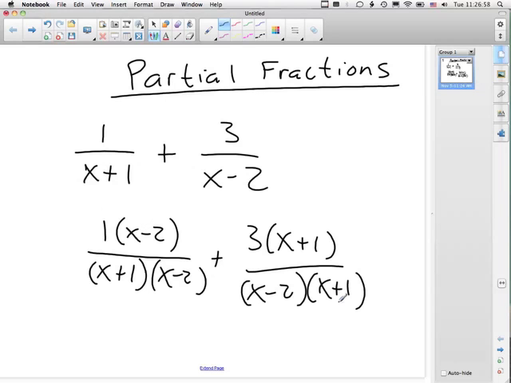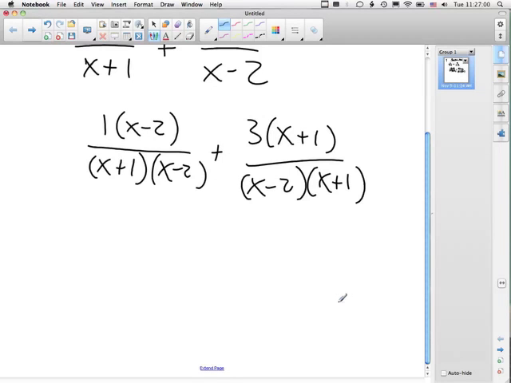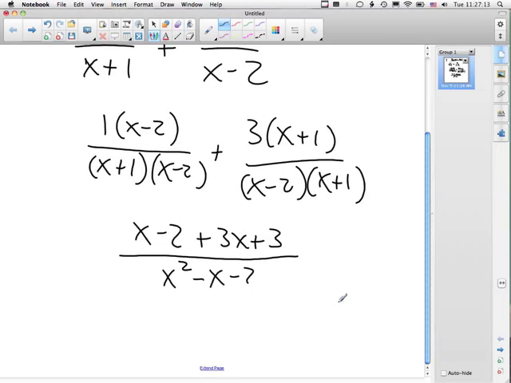And the whole purpose of that is that now they have a common denominator, and so you would have x minus 2 plus 3x plus 3 over the combined x squared minus x minus 2.